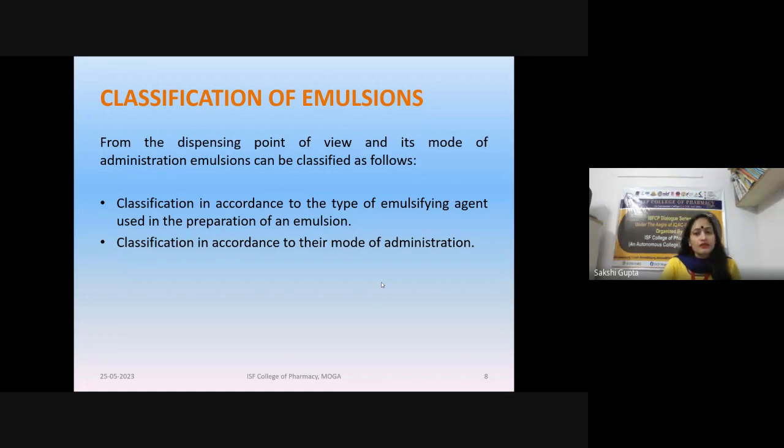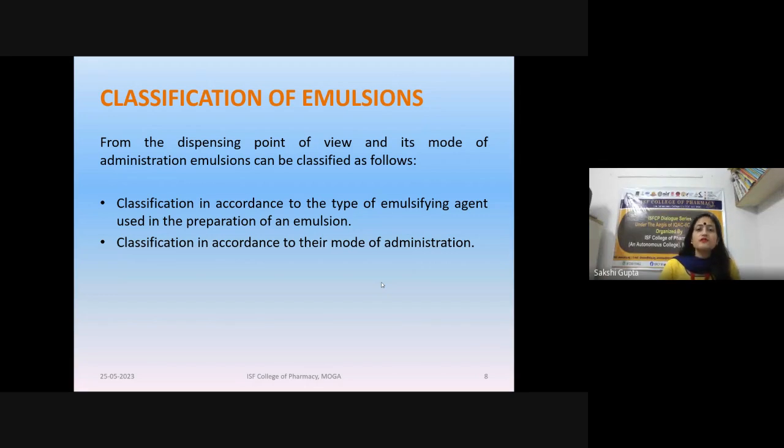And according to their mode of administration, there are some emulsions for oral administration like castor oil emulsion, and emulsions for parenteral administration like fat soluble vitamins, vitamin A, D, and E, and also the sex hormones are introduced in the form of parenteral emulsion. And there are some external application emulsions which are used on our skin.